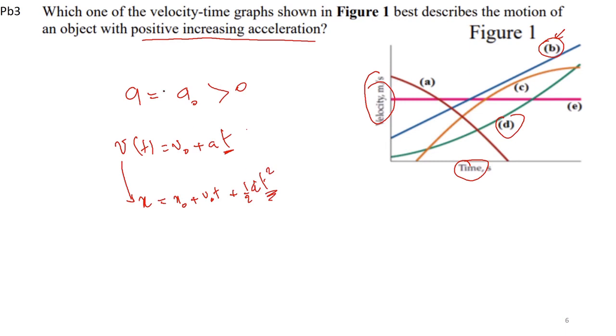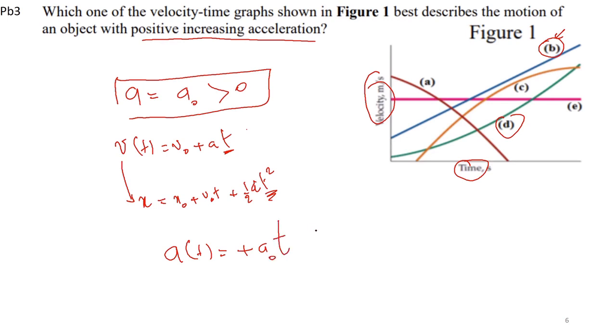But here I did not say that it's positive and constant. I said positively increasing. That means my acceleration, if I write it down as a function of time, will not be a constant function. It will be a positive constant multiplied by t, because I want it positive but increasing in time.